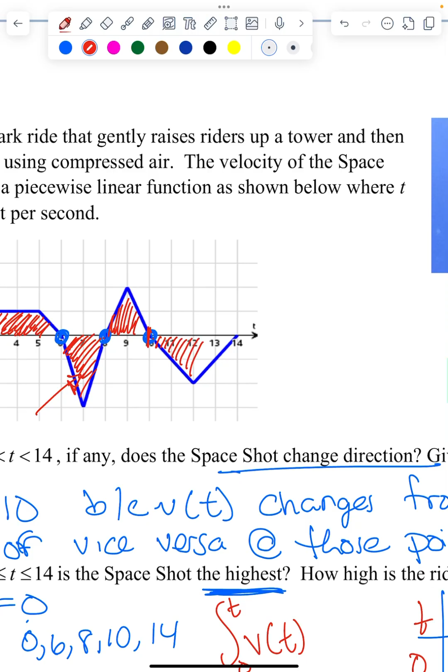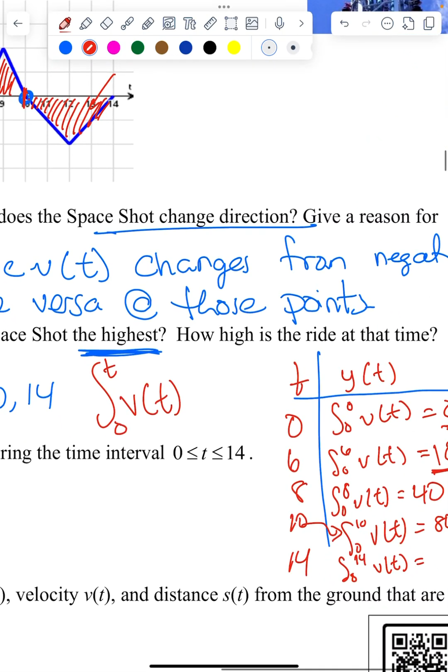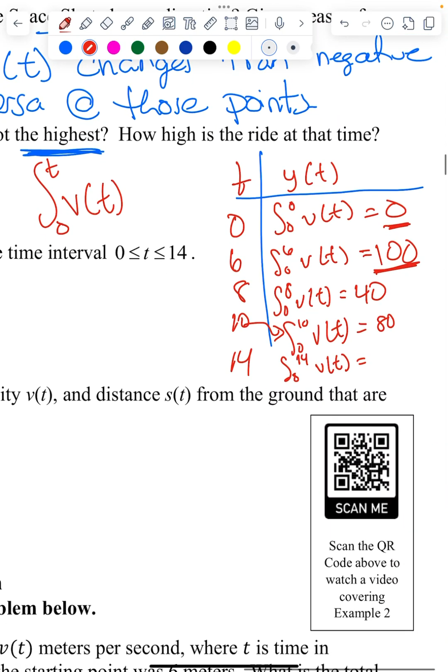And what do you think we're going to be doing with this area? We are going to subtract that triangle area, which is 1/2 4 times 40, and you end up with 0, which makes sense because it is a ride. So the position has to start and end at 0, right?